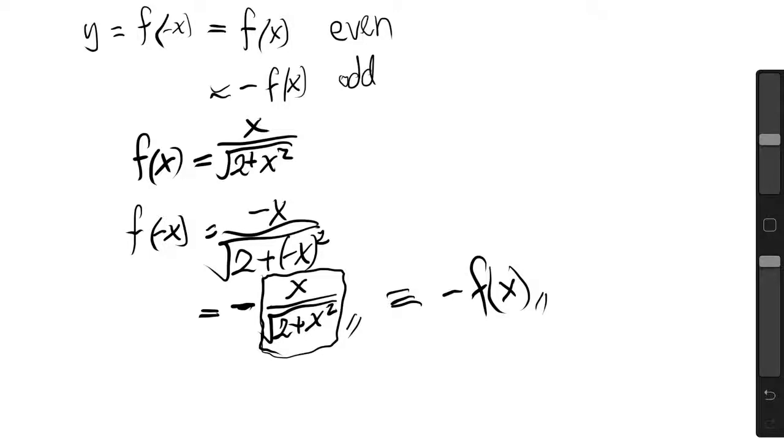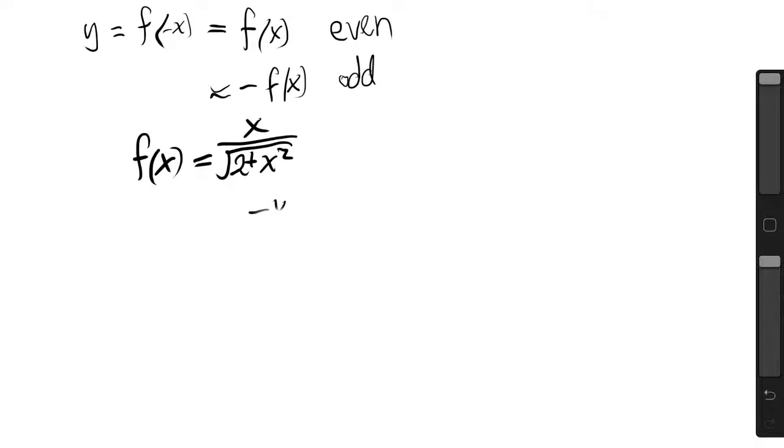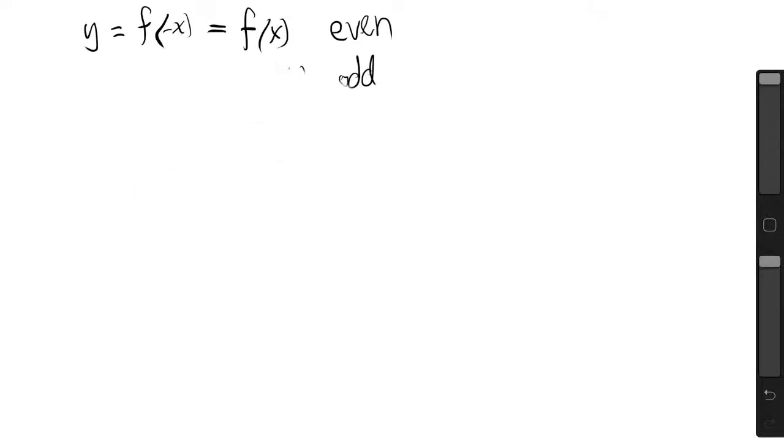Now for part 2, we need to show that the derivative of f of x is 2 on 2 plus x squared all to the 3/2. So let's have a try. It's just simple differentiation.